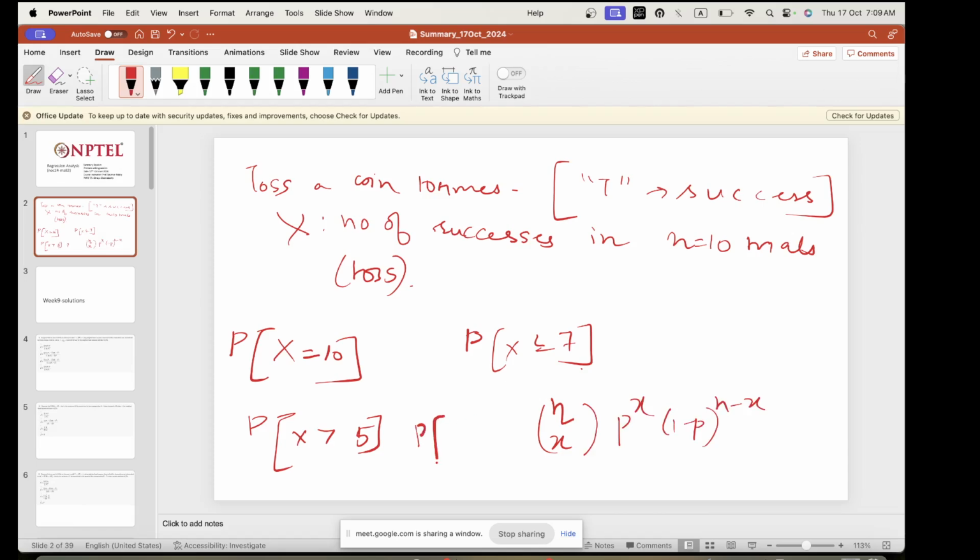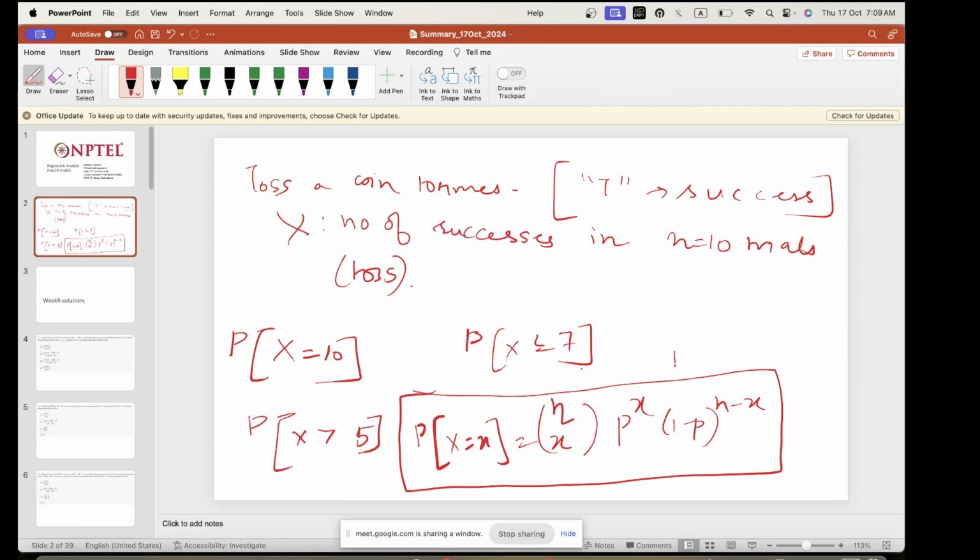This is your probability x equal to x. So if you have questions where you are asked to find the probability of some binomial variable or some exponential variable or anything, then you can use this formula. This is actually nothing but the PMF of this distribution, the probability mass function.